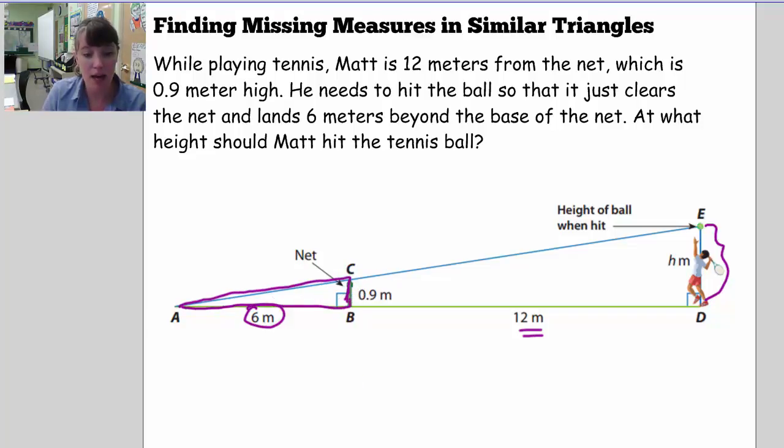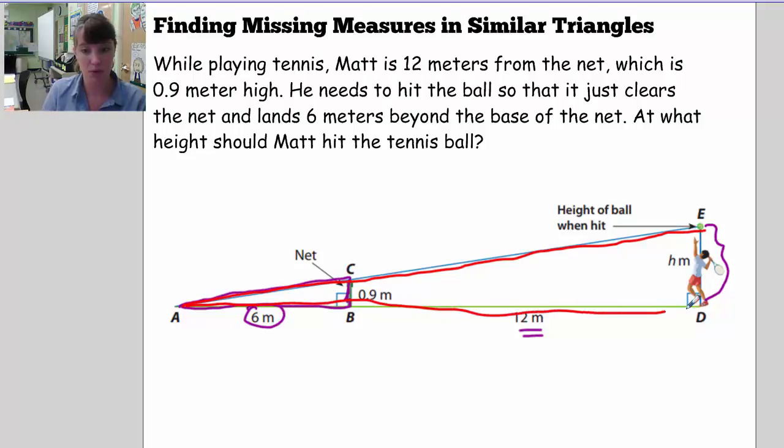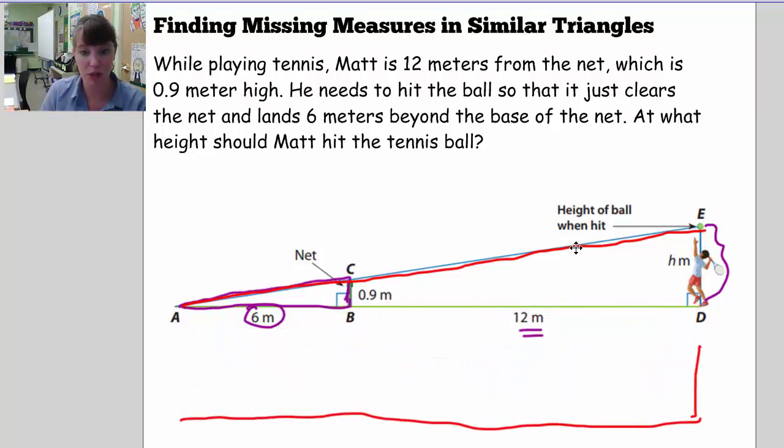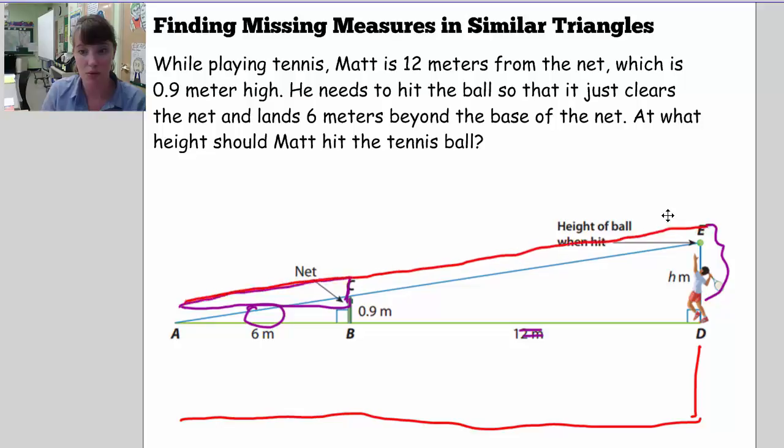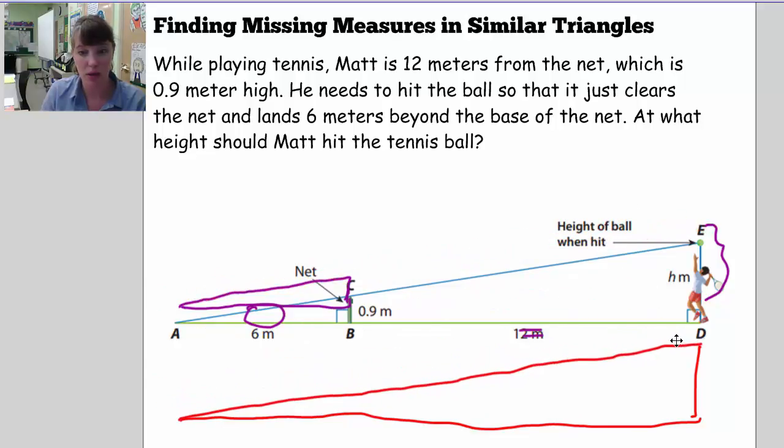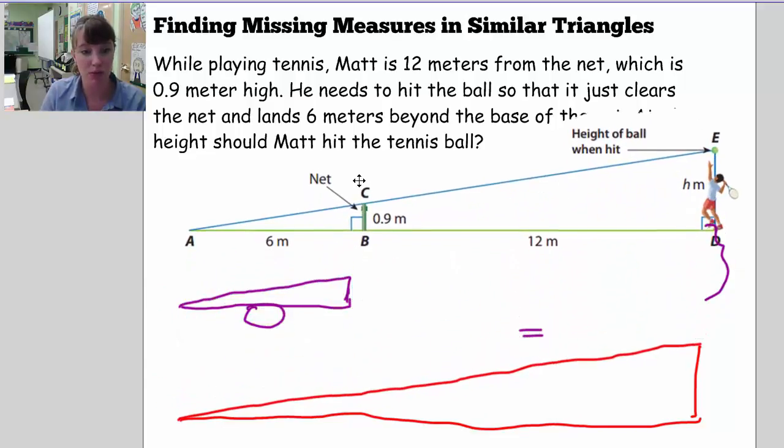And then we have the larger triangle right here. Let's see if I can pull these away here. Okay, here's the larger triangle. And we have the smaller triangle right here.